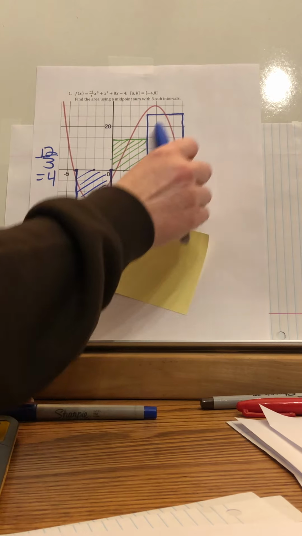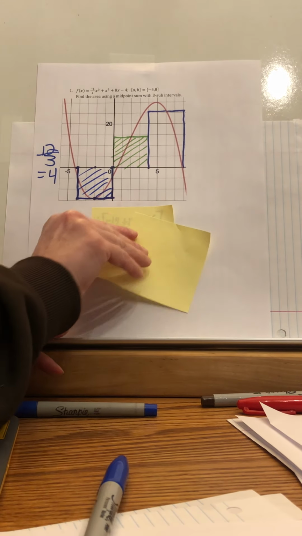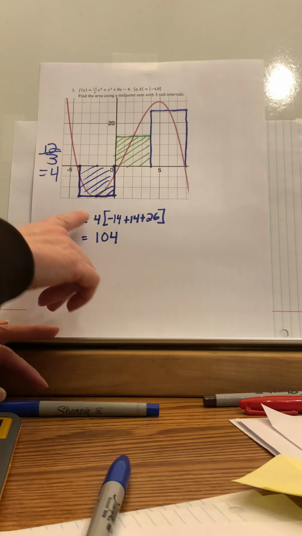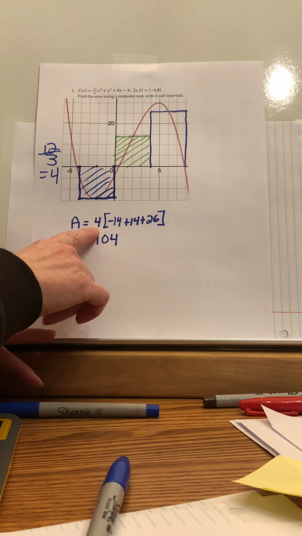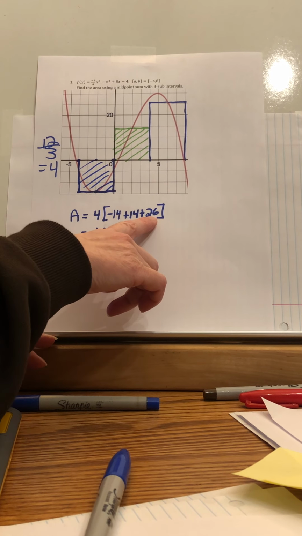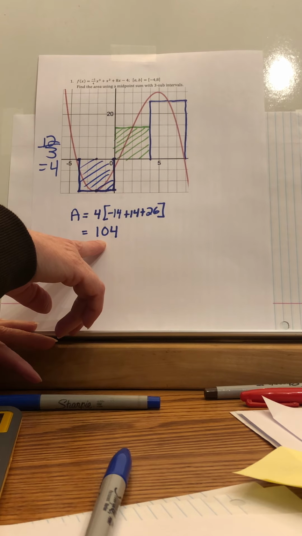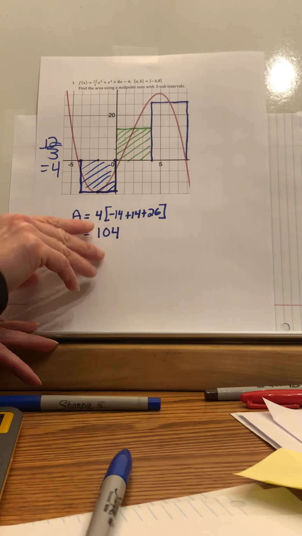That is my third and final rectangle. So for this one, I have 4, because each base is 4, times the following 3 heights. And I think we've done enough now so that you got the hang of how to do these to get an area of 104.